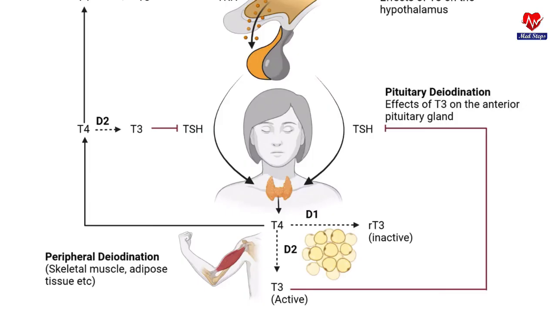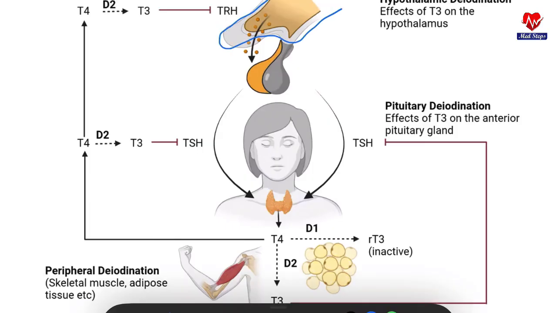First of all we have the hypothalamic pituitary thyroid axis. The hypothalamus releases thyrotropin releasing hormone, which stimulates the pituitary gland. The pituitary gland releases thyroid stimulating hormone, then the thyroid gland releases T3 and T4, and then there is negative feedback.